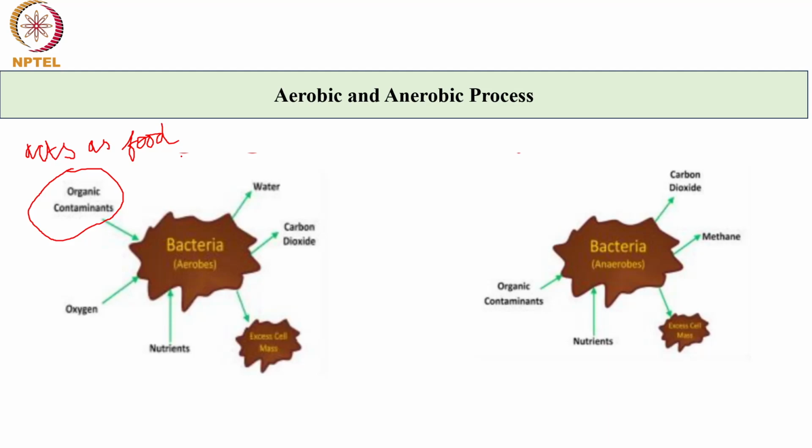The yield will be around 0.4 to 0.5. For example, if we give 10 kg of organic pollutant to the bacteria, it can eat and produce 0.4 to 0.5 kg of bacteria. So that will be the concept. I will write it down.